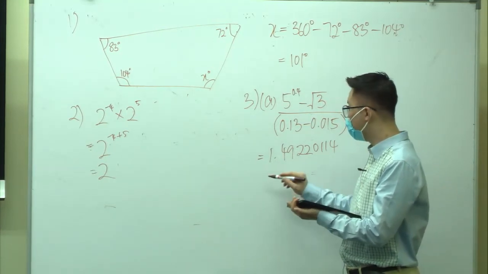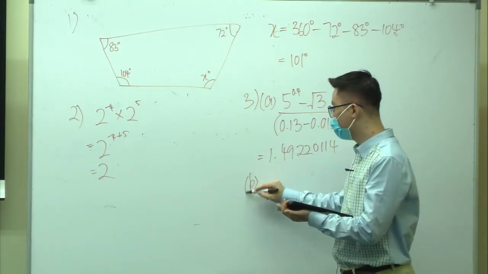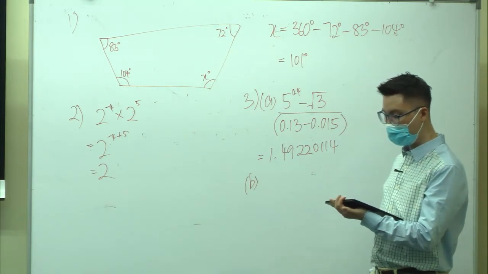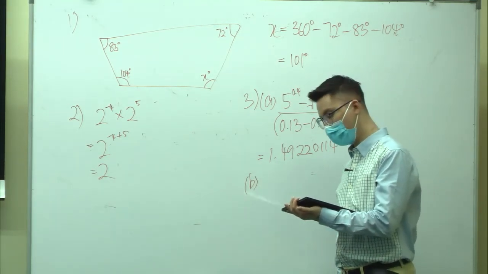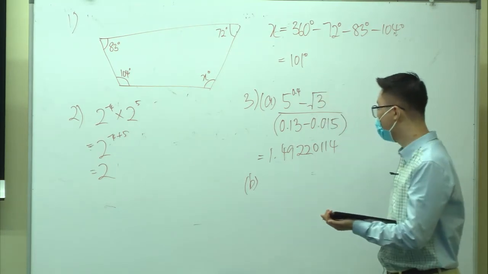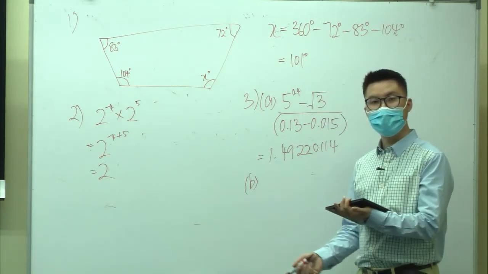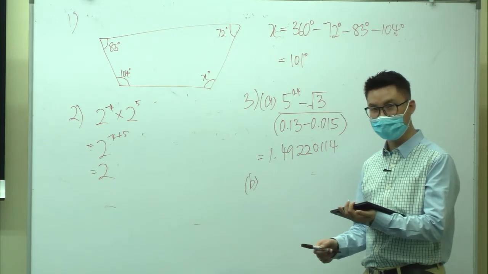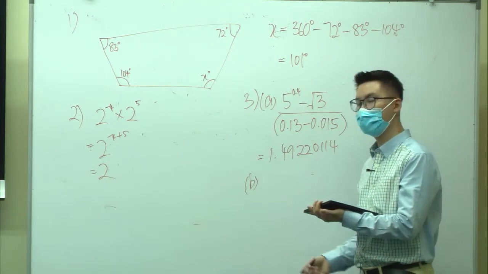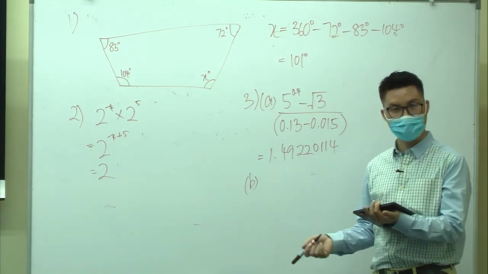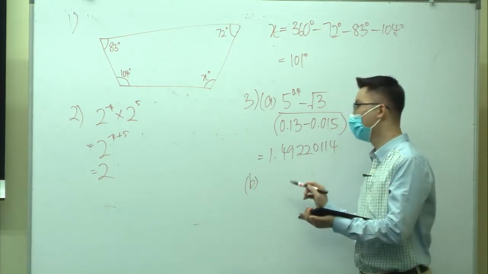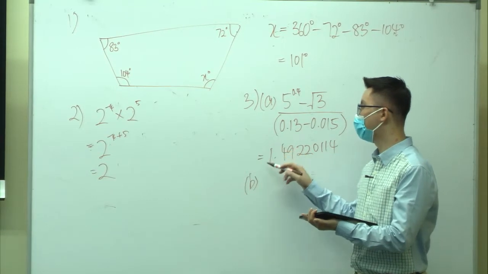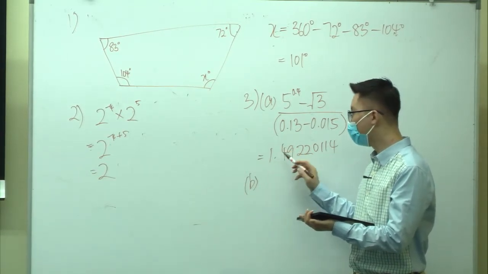Now part B. It tells you to write your answer to part A correct to 2 significant figures. You can use a calculator to help you express the answer in 2 significant figures. If you don't know, then you have to learn. 2 significant figures means you start from the left: 1, 2.